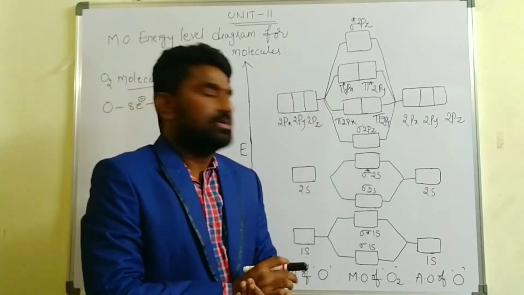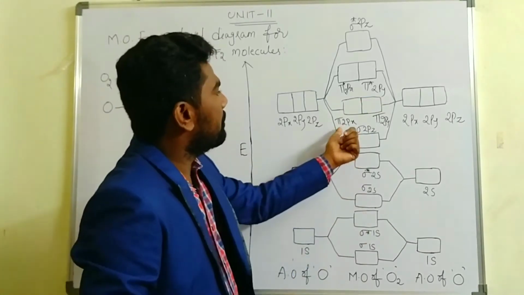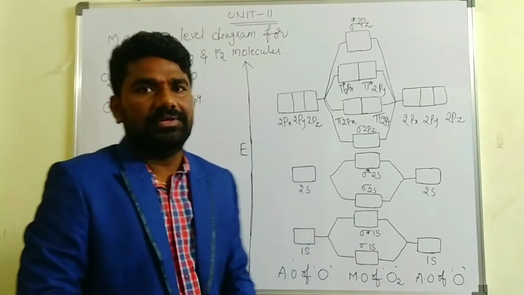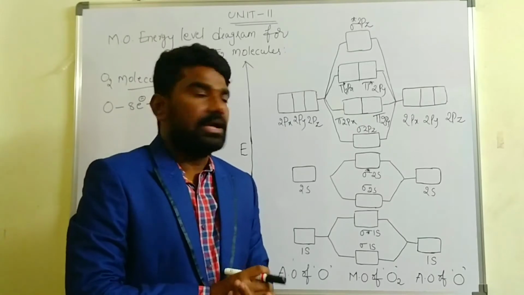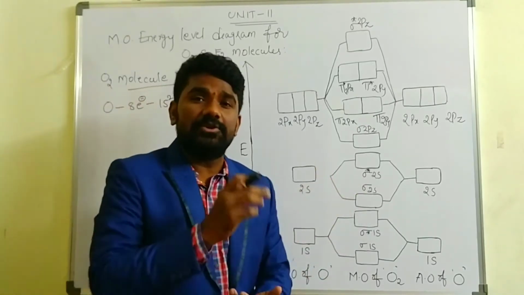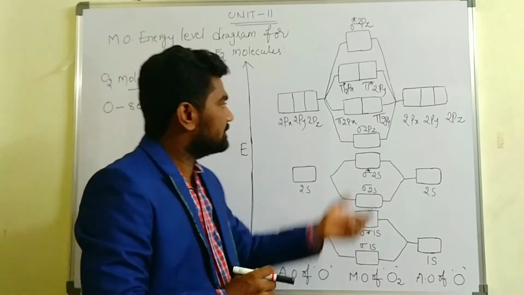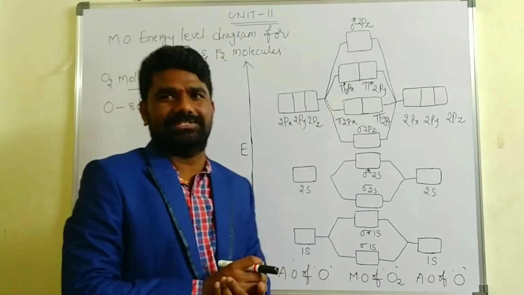The next higher energy level molecular orbital is pi 2px, pi 2py for the O2 molecule, isn't it? But in the case of the nitrogen molecule, as we discussed in the earlier class, these two molecular orbitals are reversed.